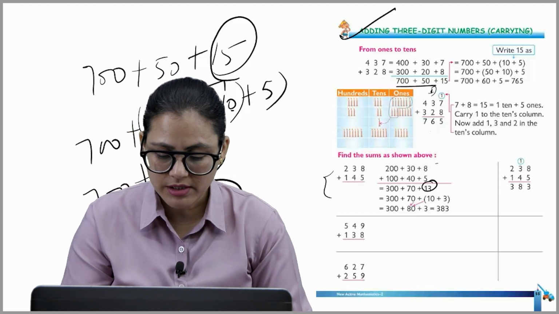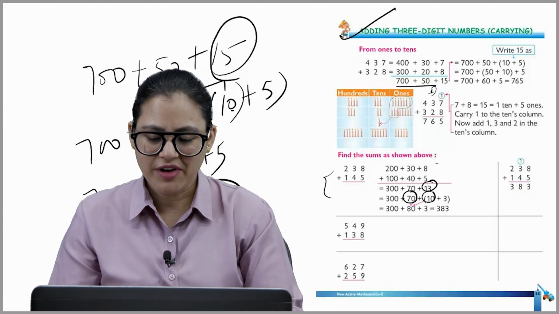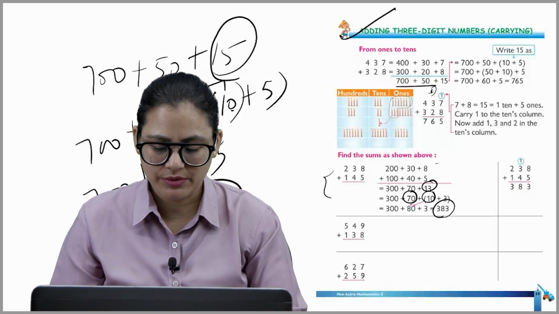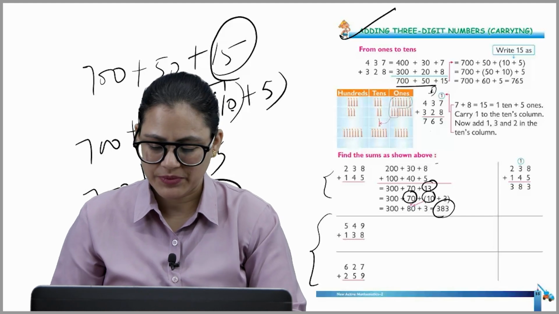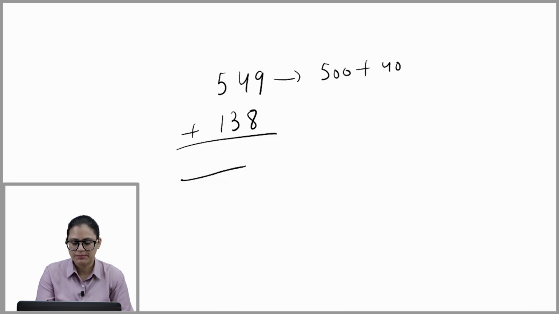Then we will add 70 and 10 together and the final answer will be 383. Like this example, we have to solve the sum also. Let's do them. We have 549 and 138. First, we will expand them. 500 plus 40 plus 9.